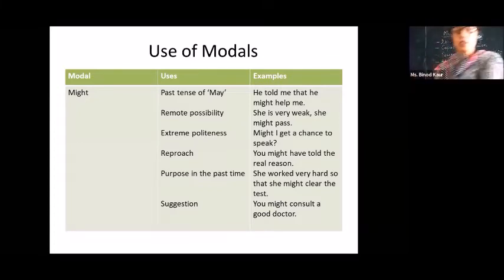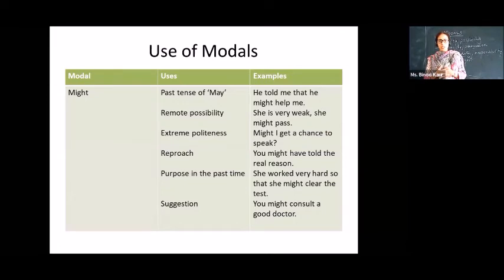Okay, so extreme possibility means very less possibility. She is very weak, she might pass. Remote possibility. She is very weak, means she is not that up to the mark in studies.